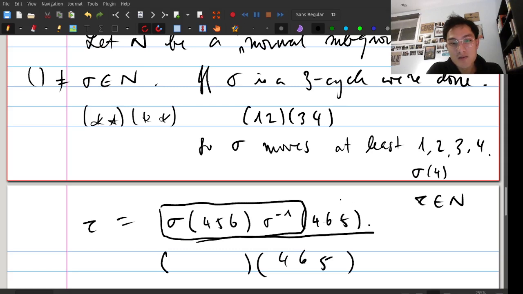Let's call sigma 4 5. Okay, let's say sigma moves 4 to 5. Can we do that without loss of generality? No, we can't, because 5 could equal 1, 2, or 3. That's not allowed. So there's a little snag here.